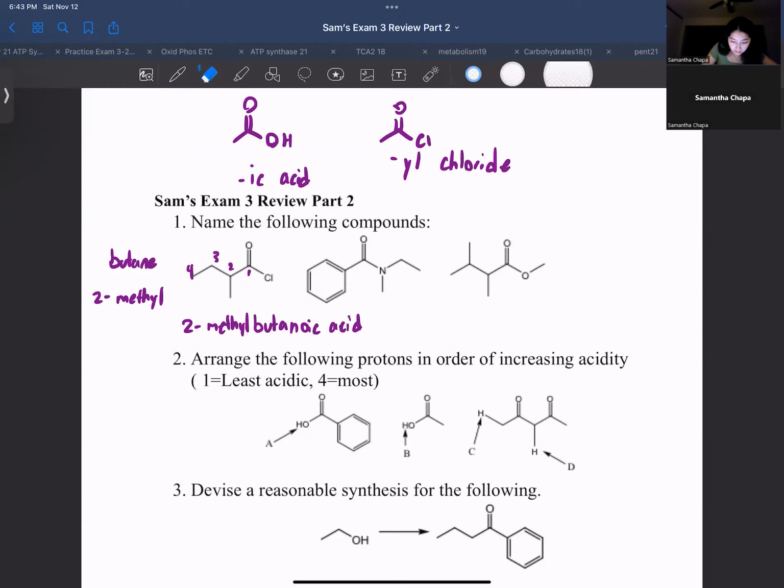But instead of the ic part, I'm going to add this. So it's 2-methyl butanoyl chloride. Let me check myself. Yeah, that's good.